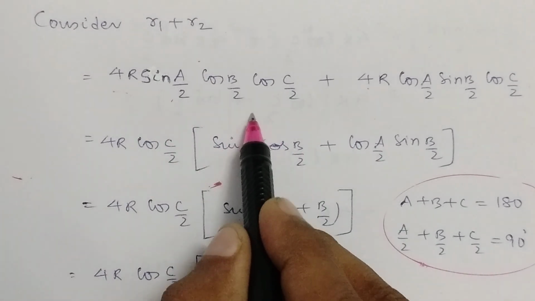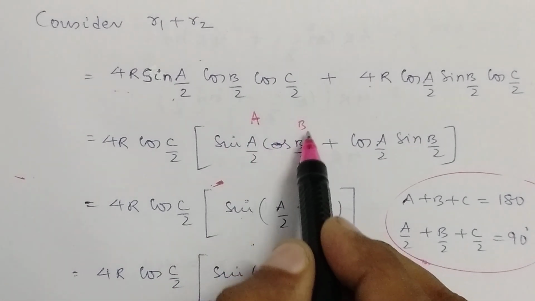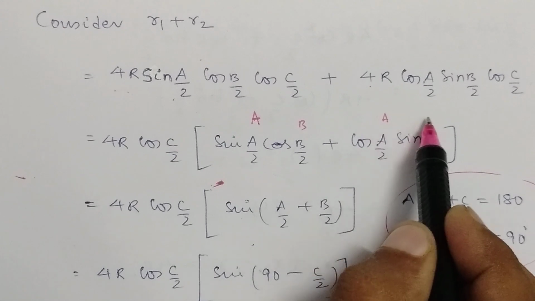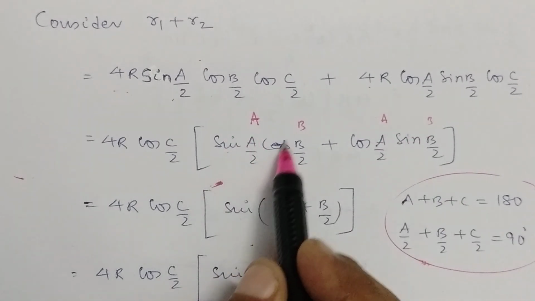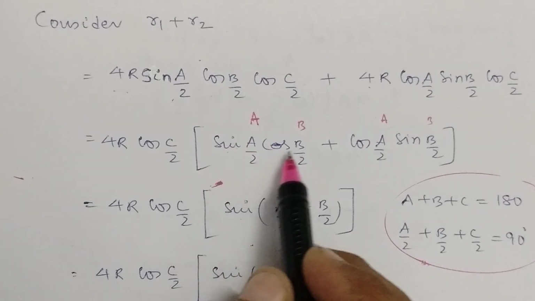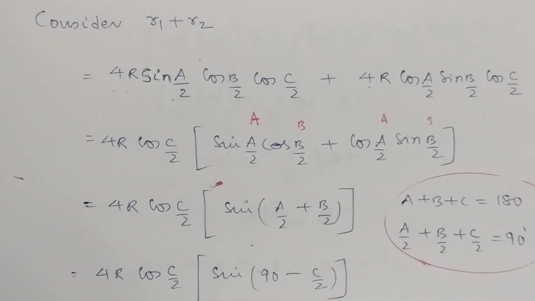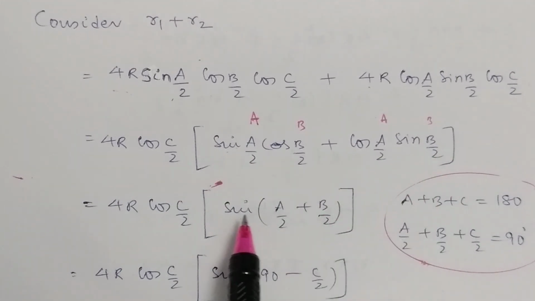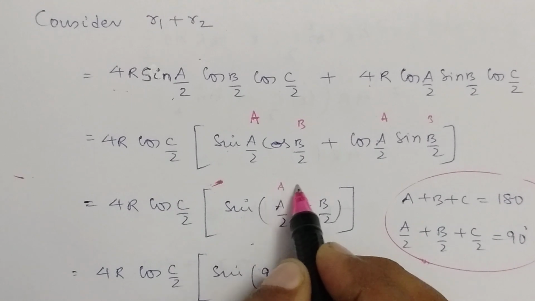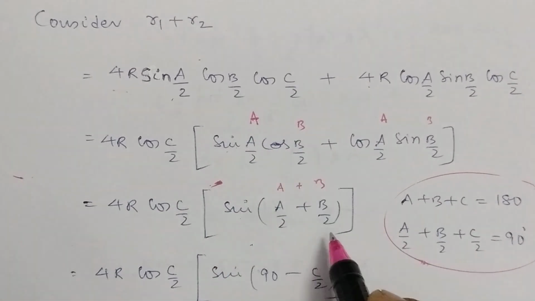It seems to be in the form of sin, treated as A, B. This is in the form of sin A cos B plus cos A sin B, which is sin A plus B. A means A by 2, B means B by 2.